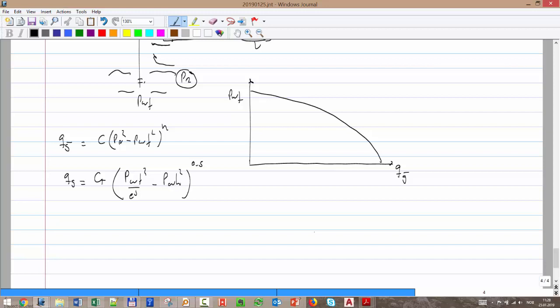You want to group both equations in one. So basically you say QG divided by CT squared. Then you get minus PWF e to the S.